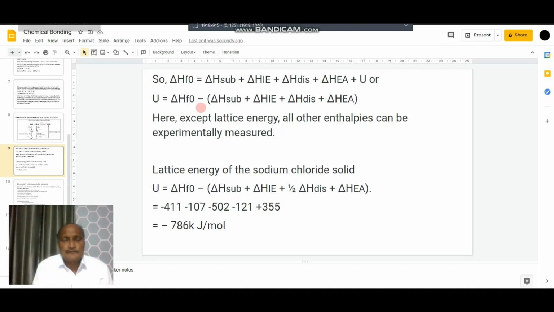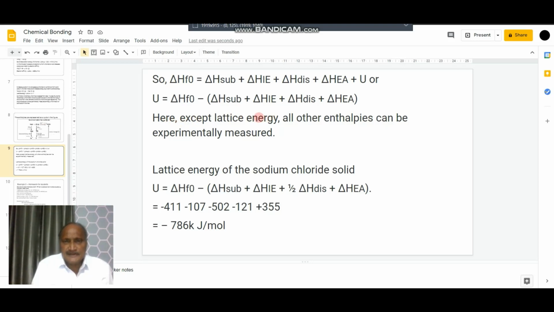According to Hess's law of heat summation, heat of formation is equal to sublimation energy plus ionization energy plus dissociation energy plus electron affinity plus lattice energy, or lattice energy U is equal to delta HF, that is heat of formation, minus the sum of heat of sublimation plus ionization energy plus dissociation energy plus electron affinity.